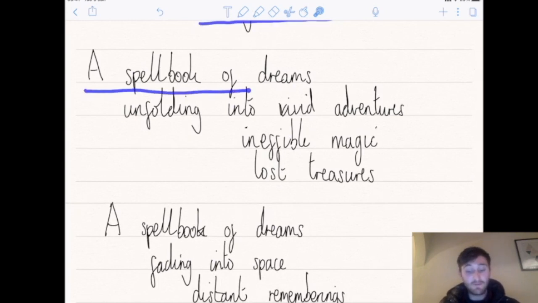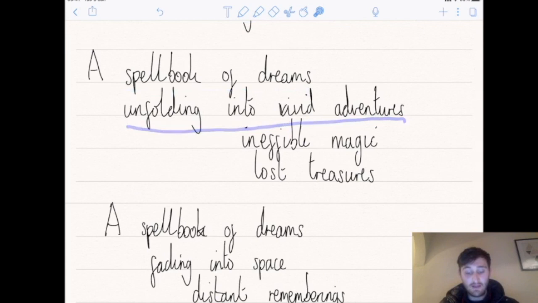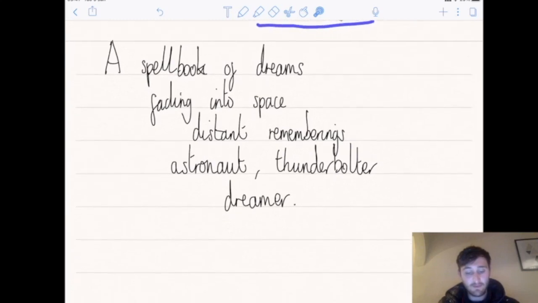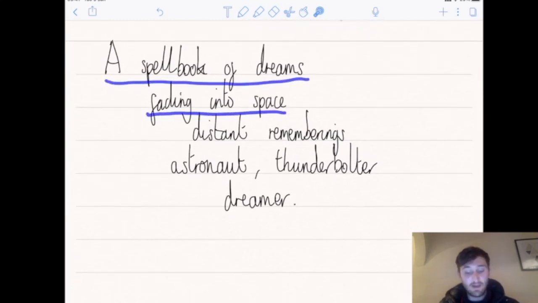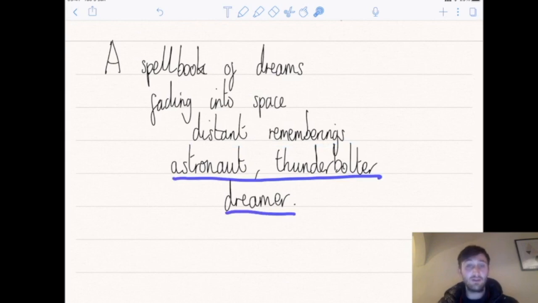A spellbook of dreams, unfolding into vivid adventures, ineffable magic, lost treasures. A spellbook of dreams, fading into space, distant rememberings, astronaut thunderbolter, dreamer.